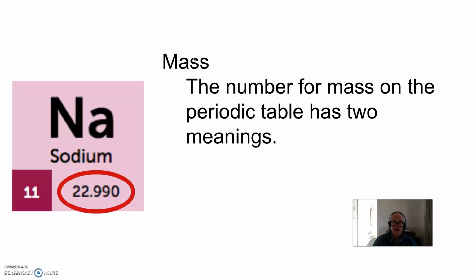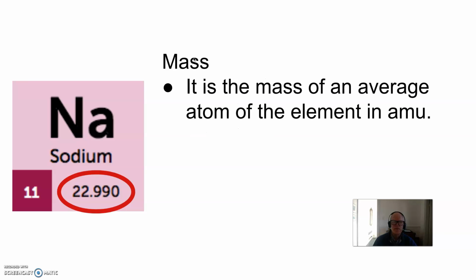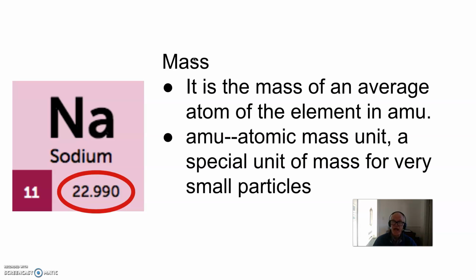So the number for mass on the periodic table, mass would normally have a unit of measure when we were writing it down, but this has no unit of measure because it has two different meanings. So this number can be the mass of an average atom, the mass of one atom with the unit of measure AMU. An AMU is an atomic mass unit.